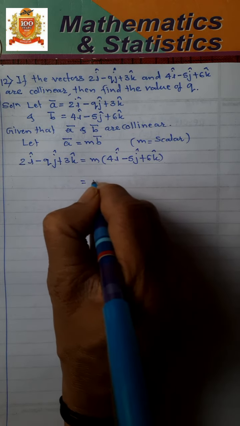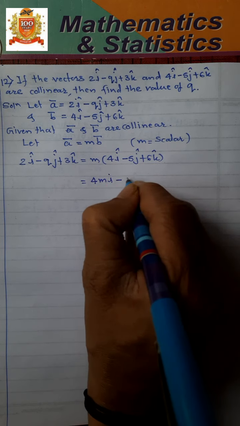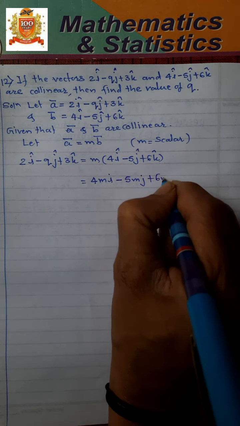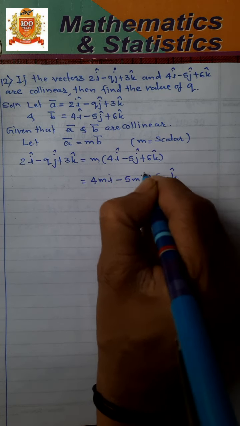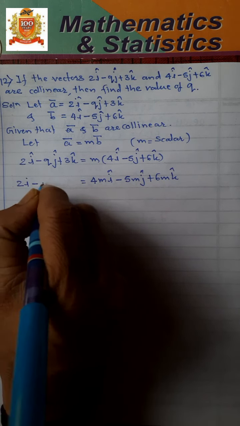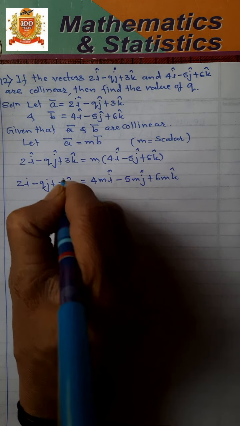Which is equal to 4m into i minus 5m into j plus 6m into k.